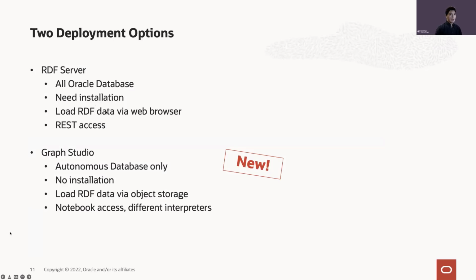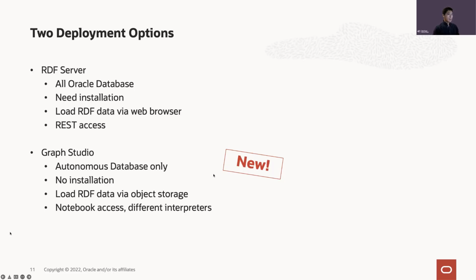Then we can load RDF data from a web browser or using any data loaders for Oracle database. It allows REST API access. We can publish the dataset on a public RDF SPARQL endpoint, so the external applications can access this RDF server. So this is the only option for creating an RDF SPARQL endpoint.